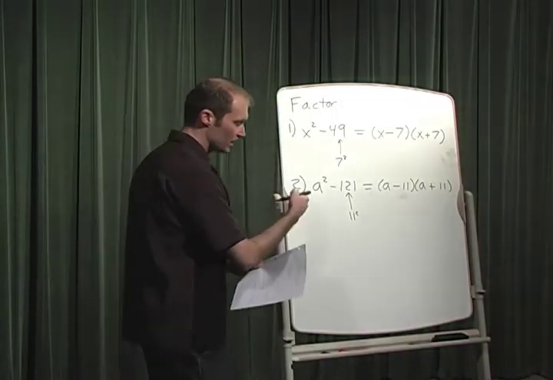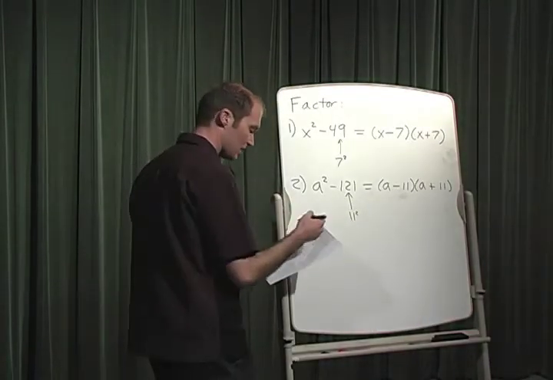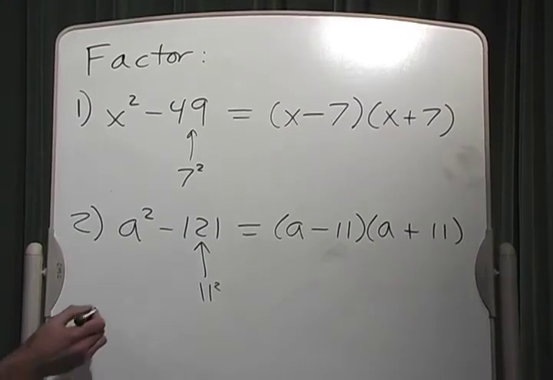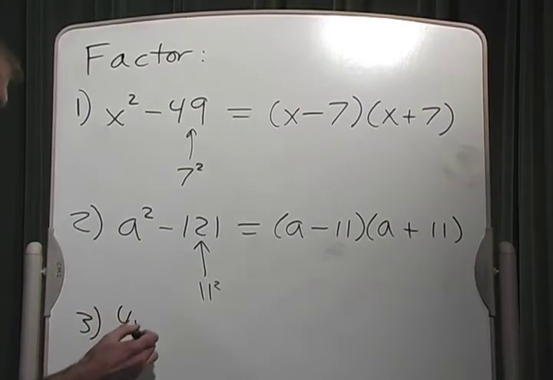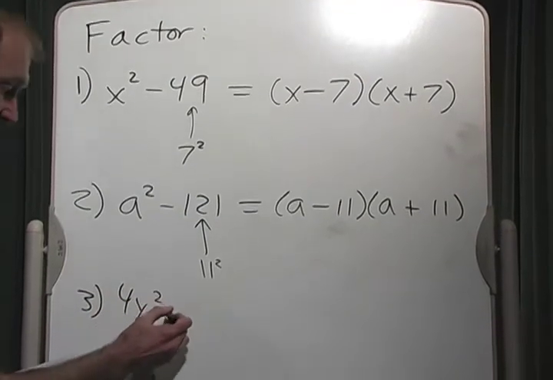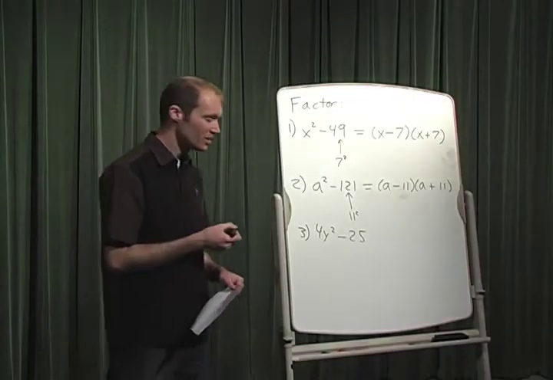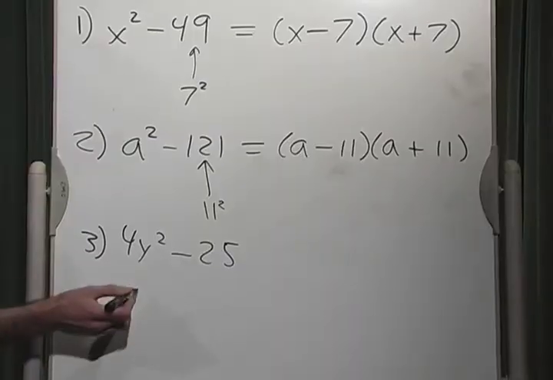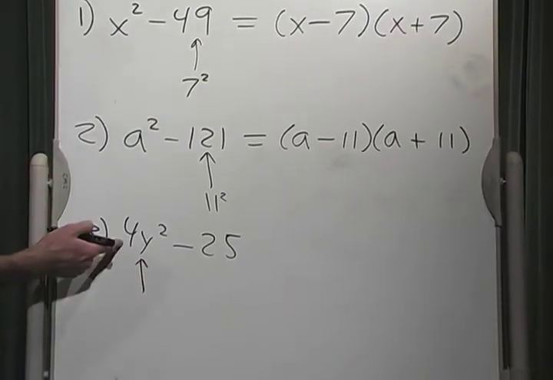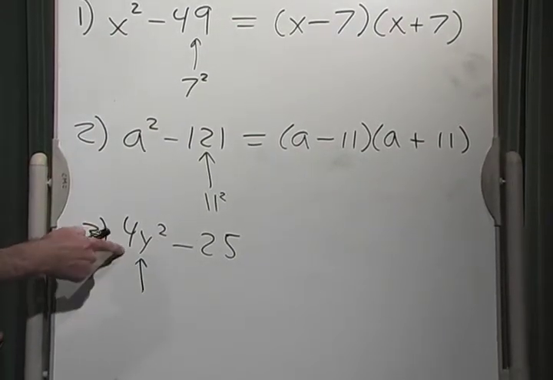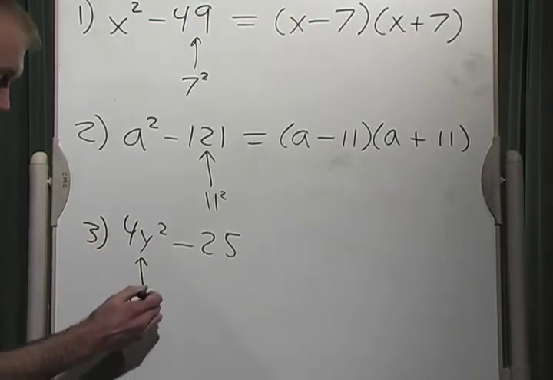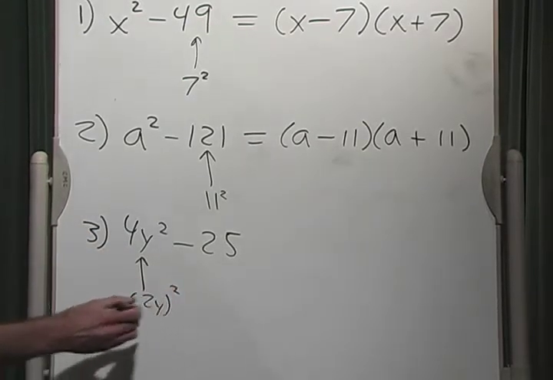Now, when it comes to a problem that goes like this, say for number 3, I had 4y squared minus 25. This is a little bit different from the ones that we were just talking about. Here, this is a difference of squares because this is just 2y squared.